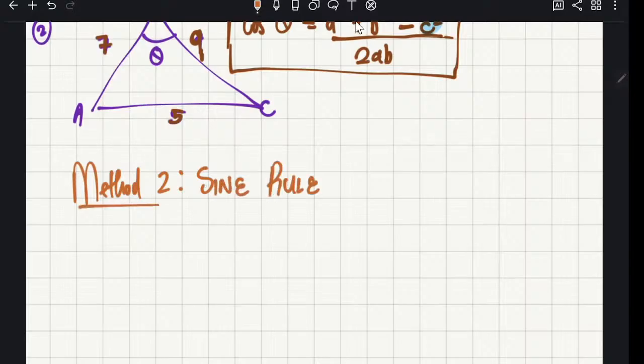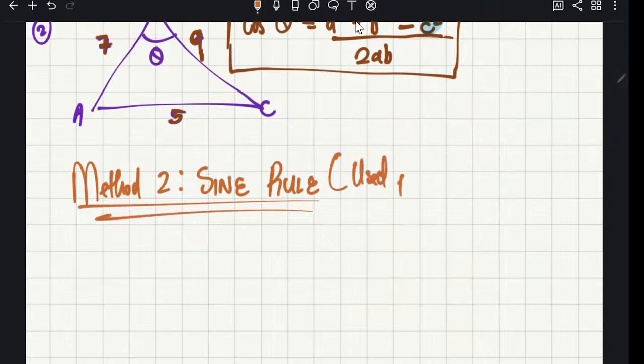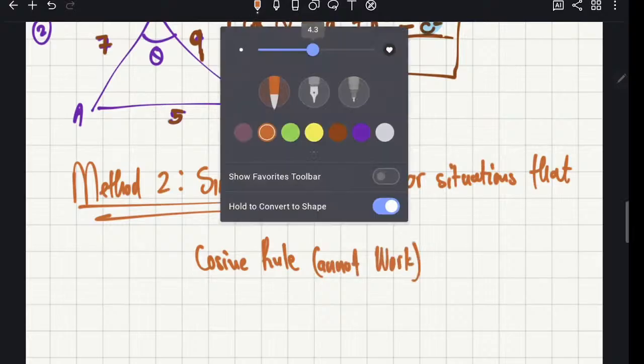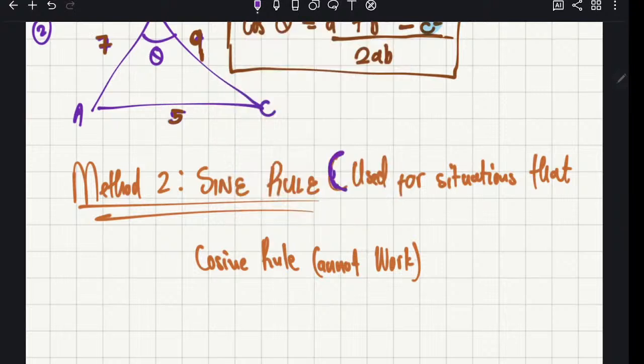Method 2 is the sine rule, used for situations that the cosine rule cannot work. The sine rule is used for situations that your cosine rule cannot work. Are we together?